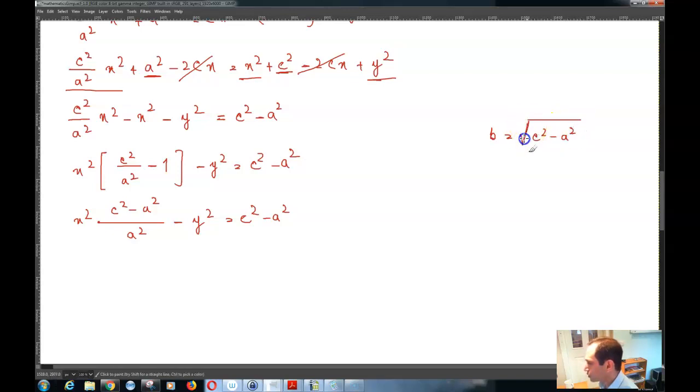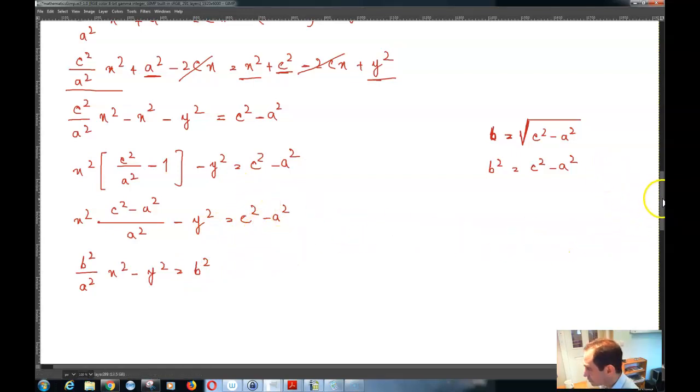So that means that basically c squared minus a squared is equal to b squared. So instead of c squared minus a squared, I can write b squared. So that would be b squared by a squared times x squared minus y squared is equal to b squared, again c squared minus a squared.